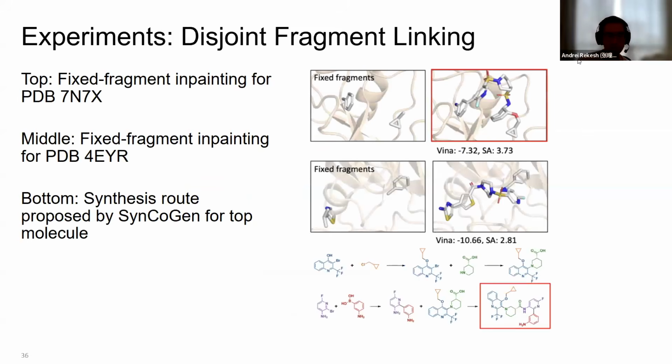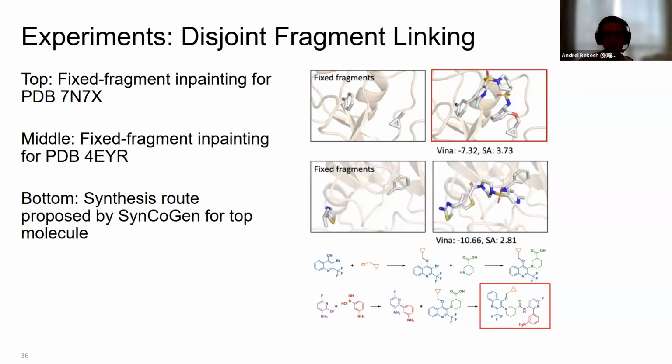And here's one experiment that becomes possible when you're not working with autoregressive models: disjoint fragment linking. We find it to be pretty interesting because you don't actually have to retrain the model at all from just this generic unconditional generation training.